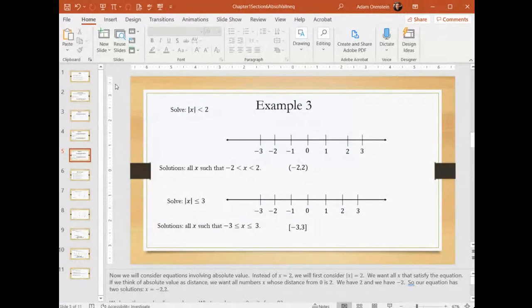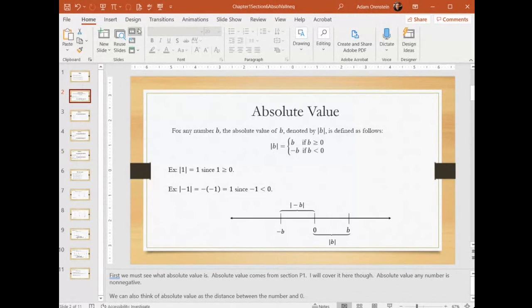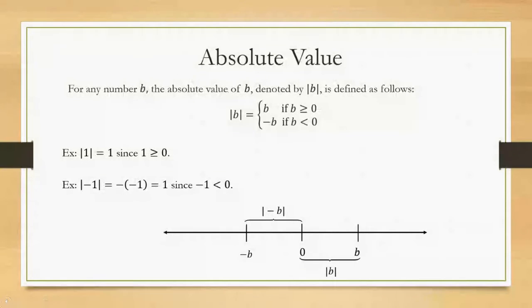Okay. So if you remember, last time we were looking at absolute value. There was a formal definition that I gave you. The other definition I gave you, involving distance, I thought would be a little bit easier.